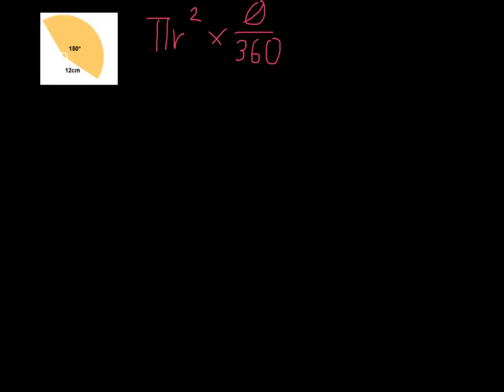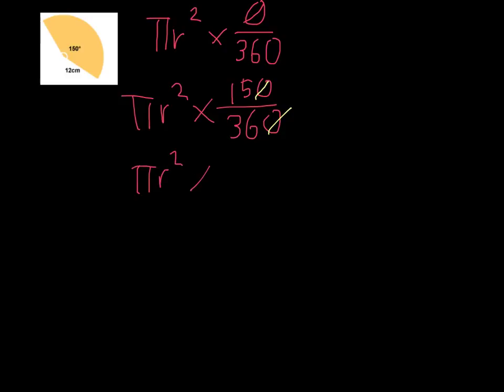We know in this case that the angle is 150 degrees, so it's going to be pi r squared times 150 degrees out of 360 degrees. That's the fraction. If we simplify that, it's going to be equal to pi r squared times 15 over 36.